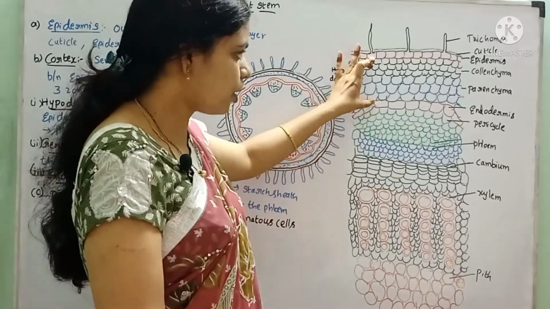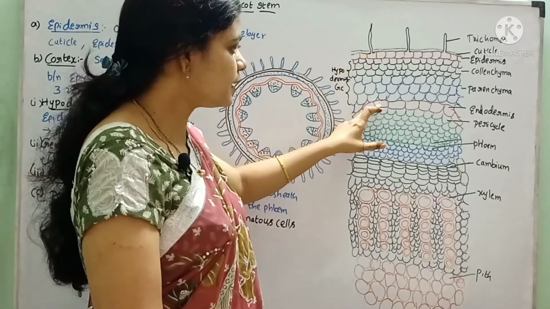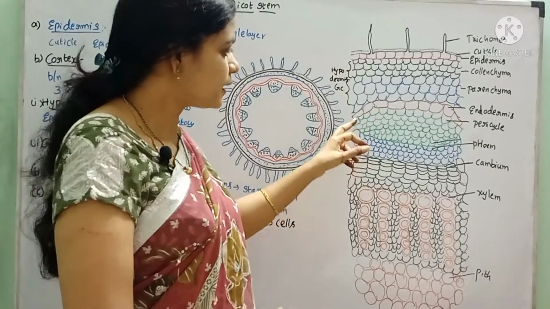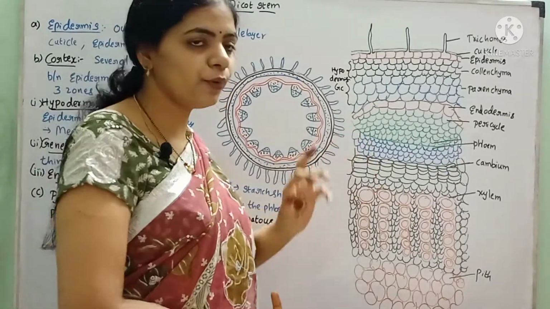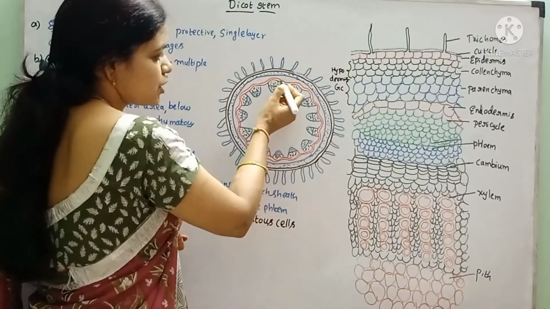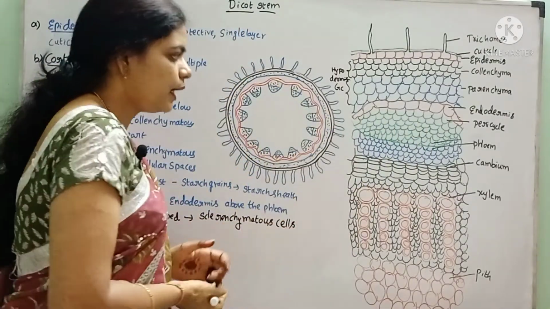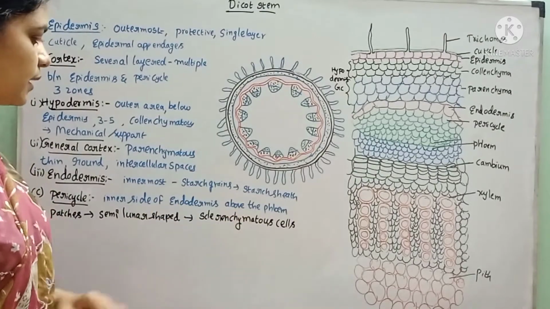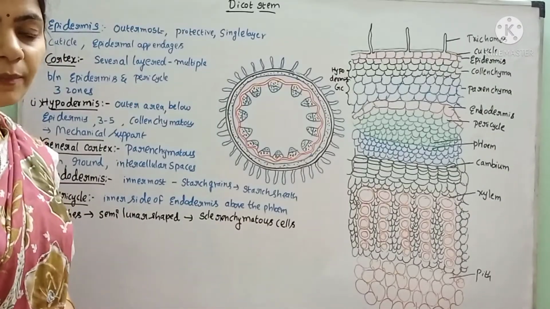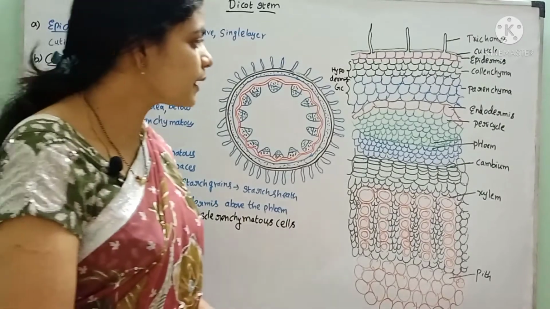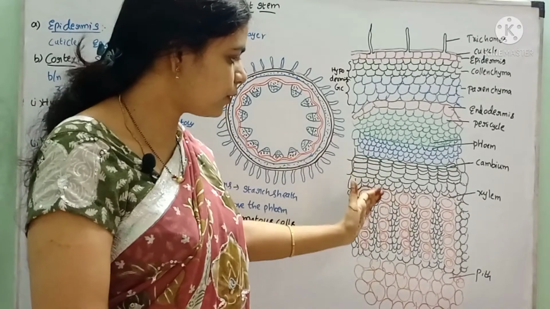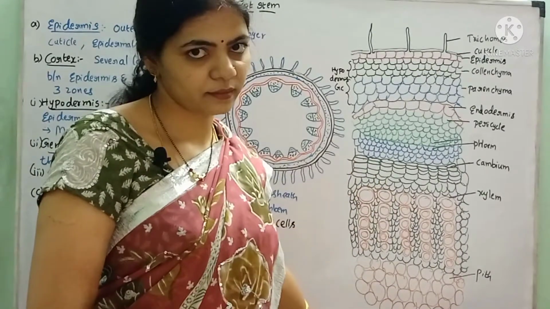With this, the cortex is over, and inside this, the pericycle is present below the endodermis. That is, between the endodermis and the phloem, there is pericycle. It is in the form of semilunar patches. And this pericycle is made up of sclerenchymatous cells. What type of cells are present? Sclerenchymatous cells are present. Next, we will see about the vascular cambium and the pith.